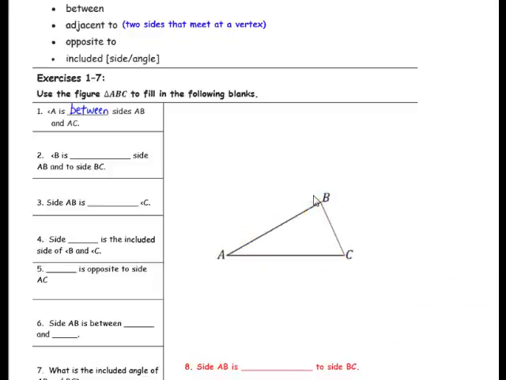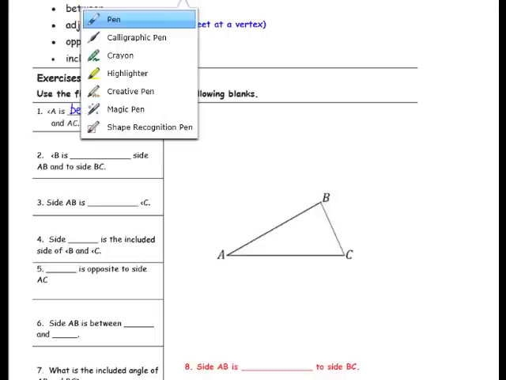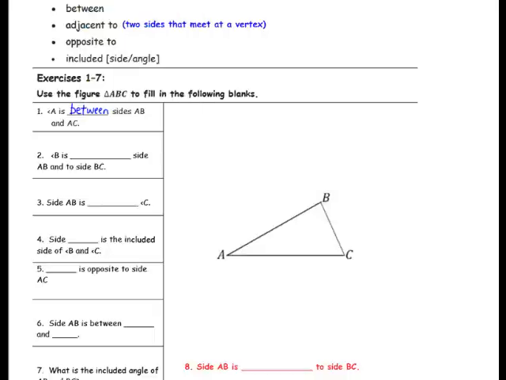Next, angle B. How is it related to side AB and side BC? Side AB is here, side BC is here, and the question is, how is angle B related? Is it between, adjacent, opposite, or included? Angle B is between.